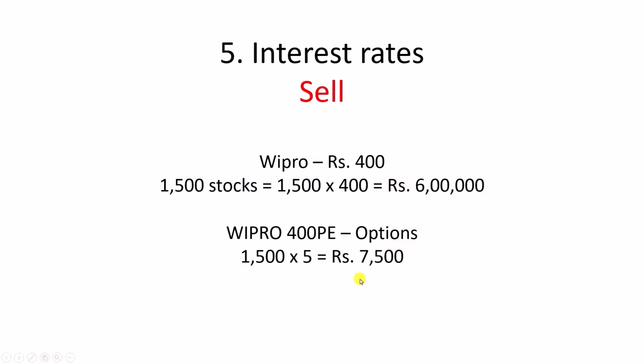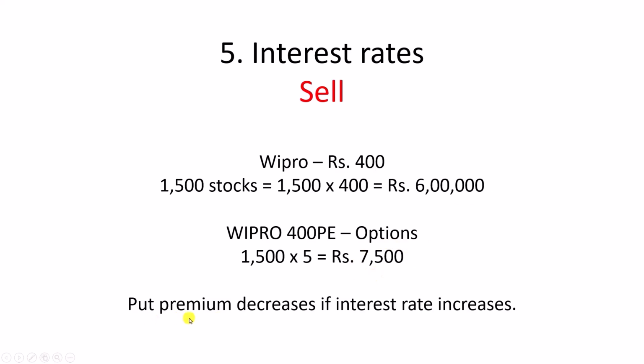If you buy the options, you have to pay this much from your account. So in this case, selling the stocks is advantageous when compared to buying options. That is why the put option premium decreases if the interest rate increases.